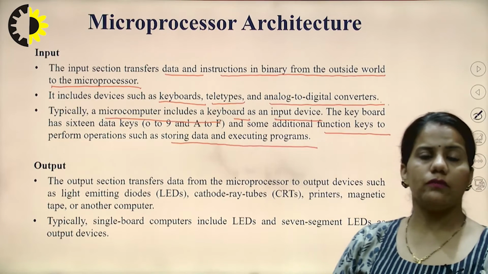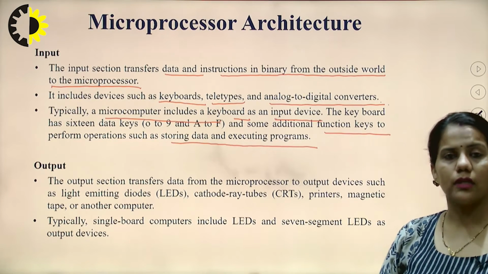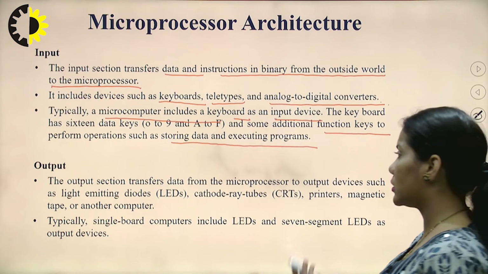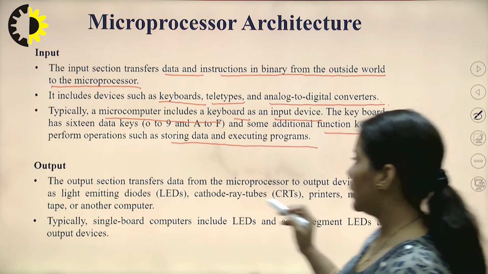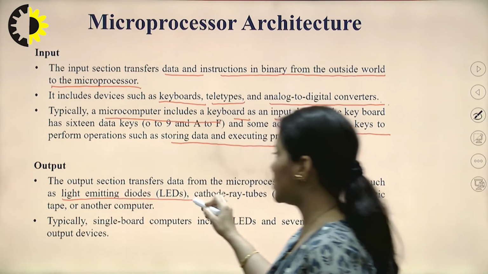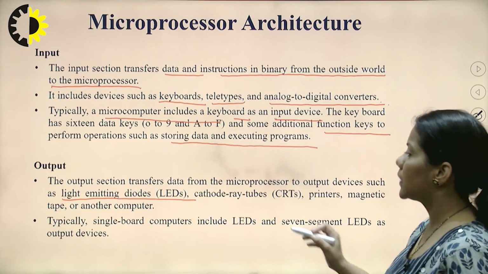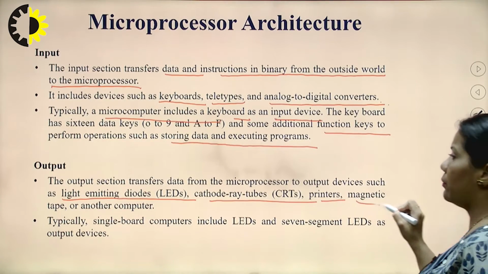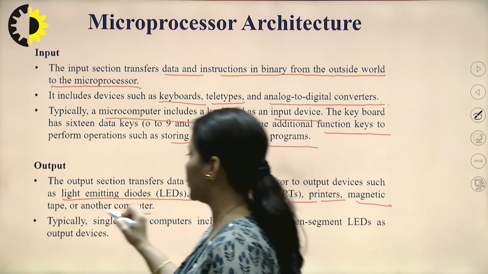Now, when we talk about the output, just like the input, the output is obtained using other components like light emitting diodes, this is another device, cathode ray tubes, that is CRTs, printers, magnetic tapes or another computer.